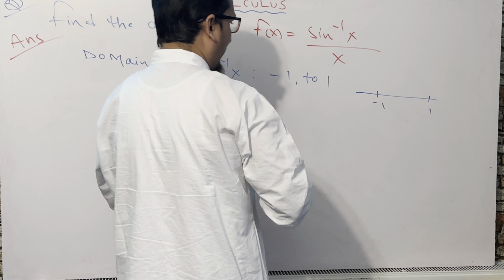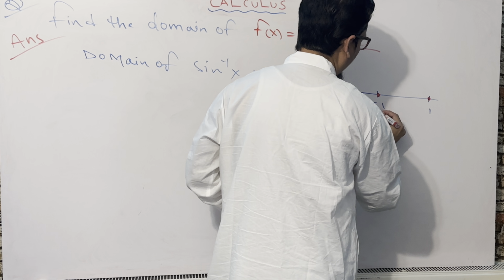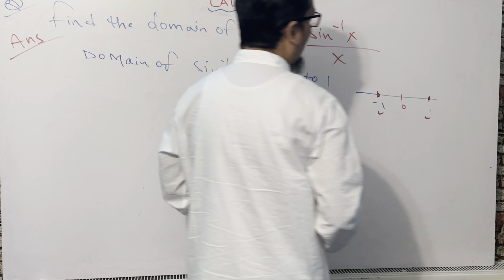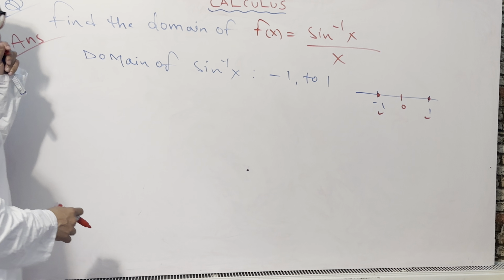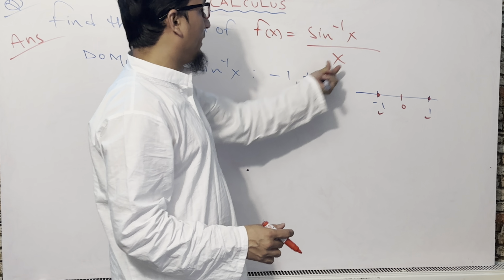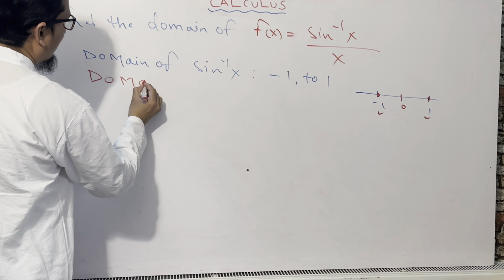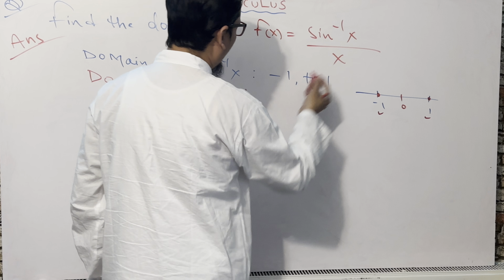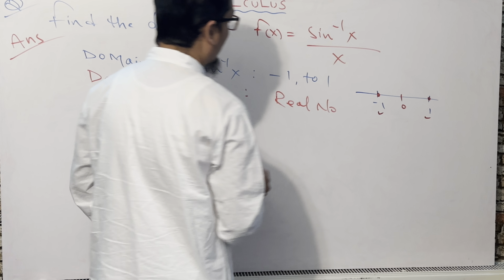We will take all the values from -1 to 1, including -1 and 1, and 0 always lies between -1 and 1. So this is the domain of sine inverse x. What about x? The domain of x, this is linear, so the domain of x is the real numbers, R.